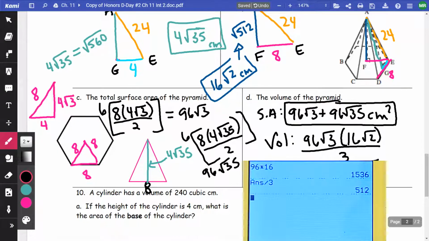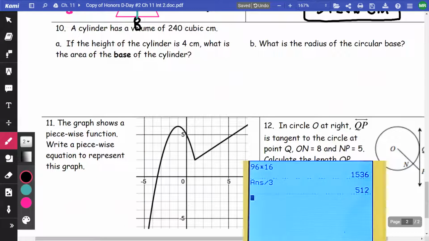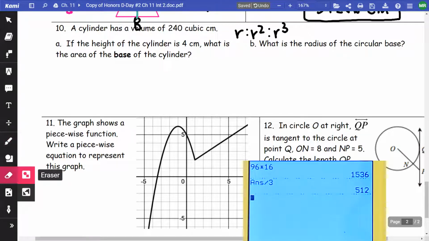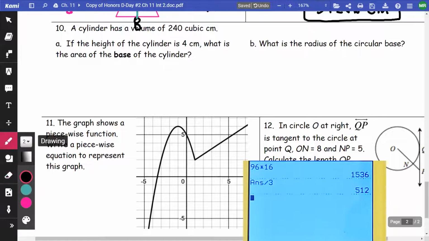On number 10, we're going to be thinking R squared, R cubed, has a volume of 240. Let's actually not for this one because we're not enlarging it, are we? Okay. So we have a cylinder that has a volume of 240 cubic centimeters. The height of the cylinder is 4 centimeters.